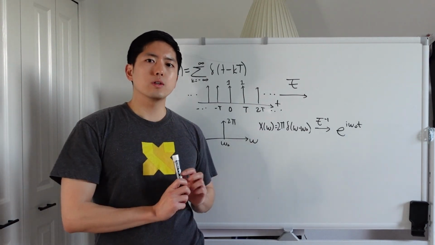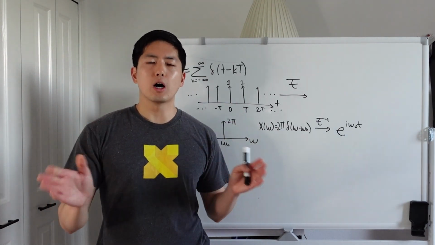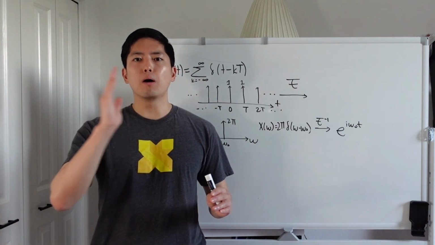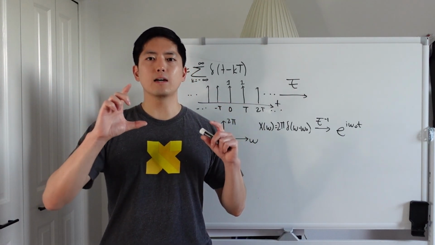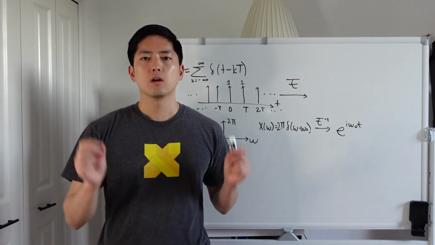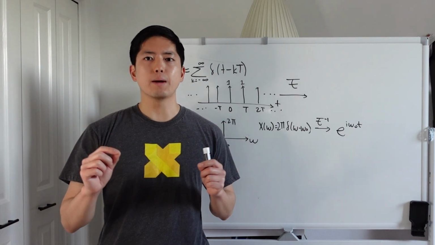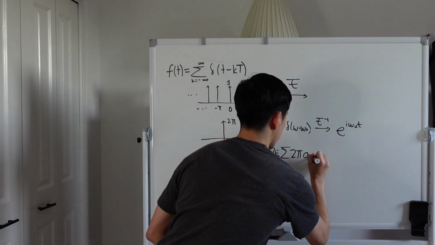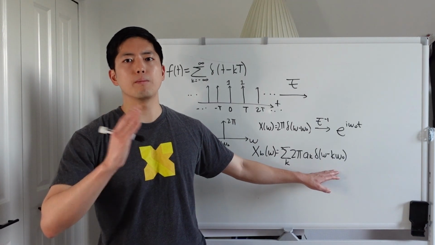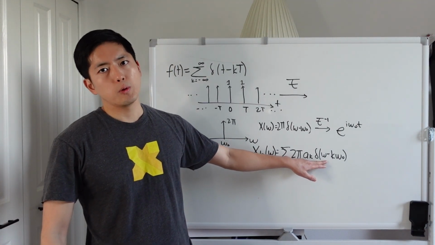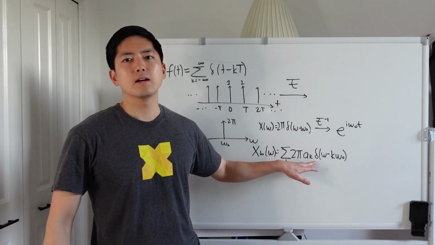Let's say in the frequency domain, I have the sum of a bunch of impulses separated by omega naught, with each impulse scaled to its own value. What is that going to look like from an equation standpoint? Let's write it out. So I have here a summation of impulses separated by omega naught, each scaled with a value of 2 pi a of k.